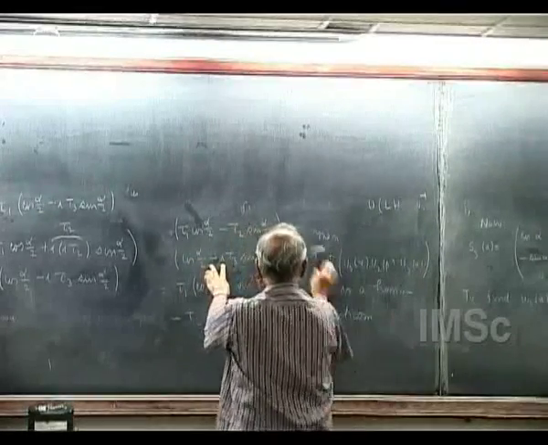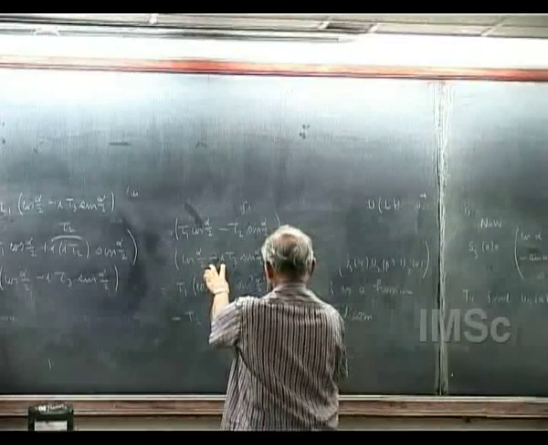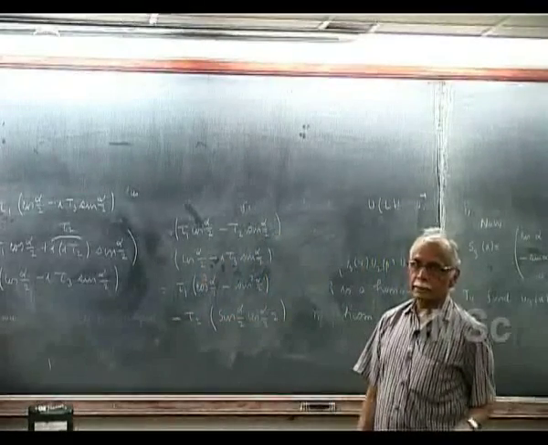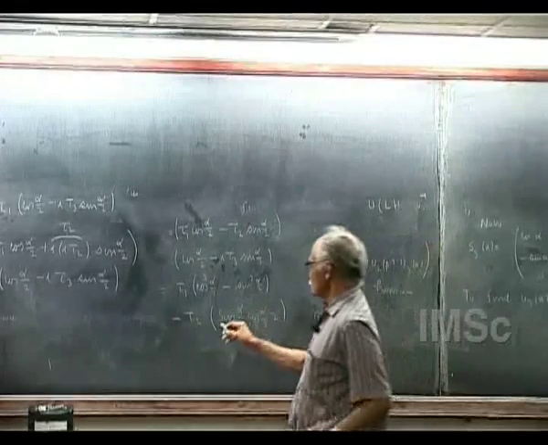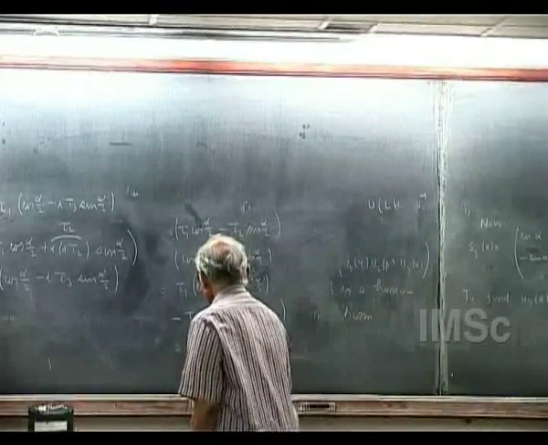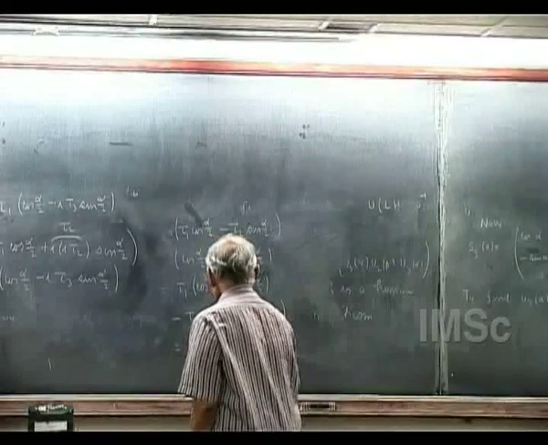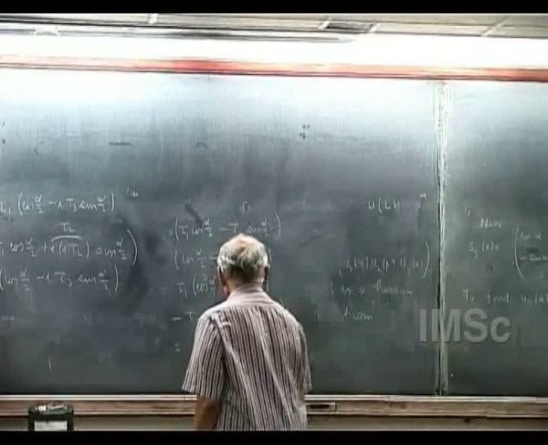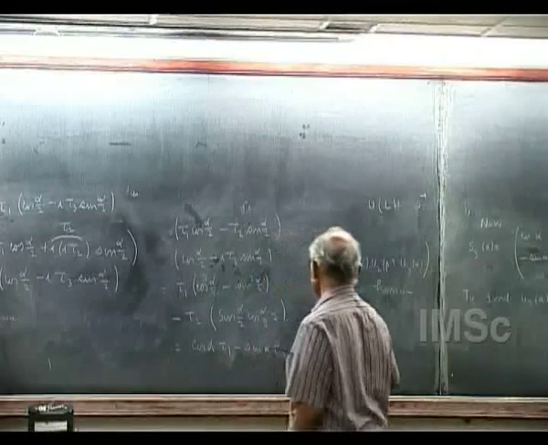So if you adjust the order, you simply get the factor 2. Okay. So this is exactly cos alpha tau 1 minus sin alpha tau 2. Okay. So this is okay.